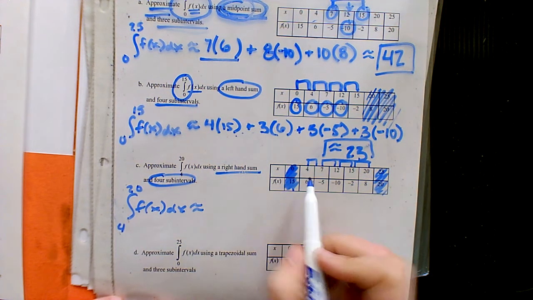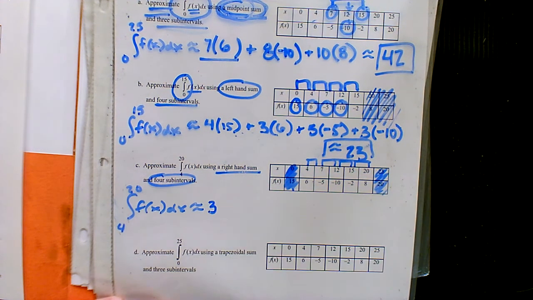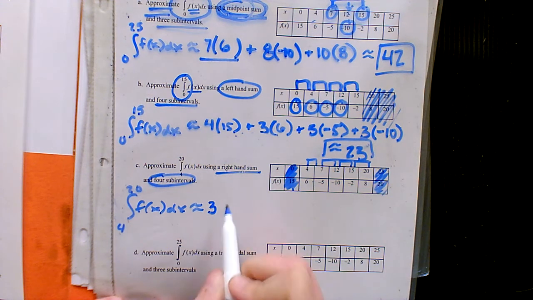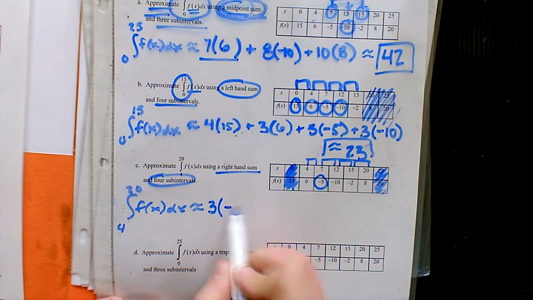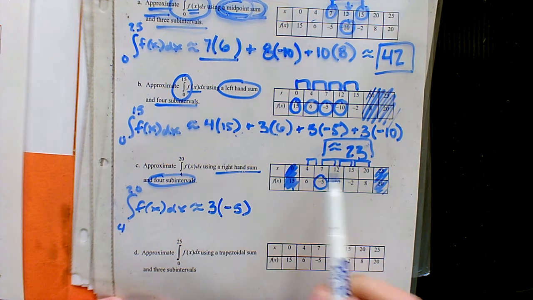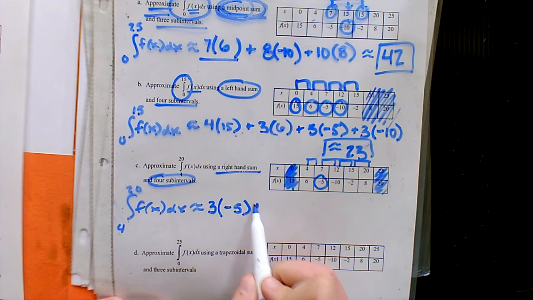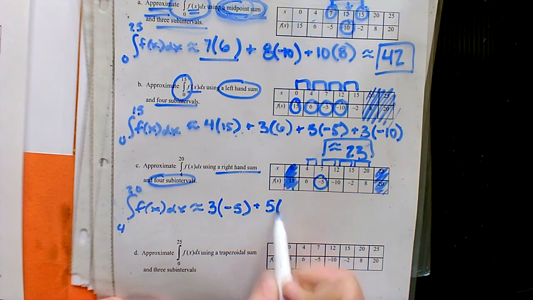Okay, so let's see. From 4 to 7, 3 unit base. If we want a right endpoint height, that would be -5. From 7 to 12 is 5.